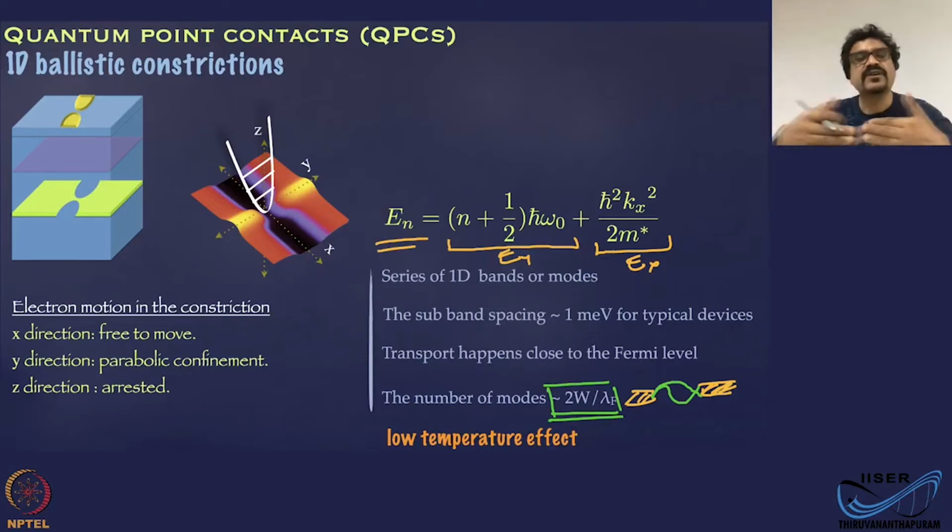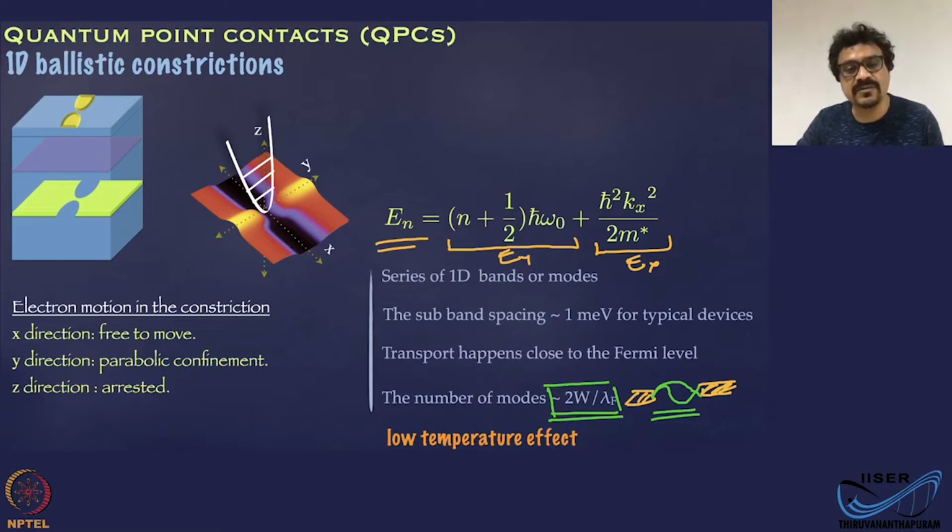So that is the effect that we are going to look at. So the width of the channel you can control, and what that means is the number of modes available near the Fermi level you can also control, because you have to understand that the transport is always happening at the Fermi level.